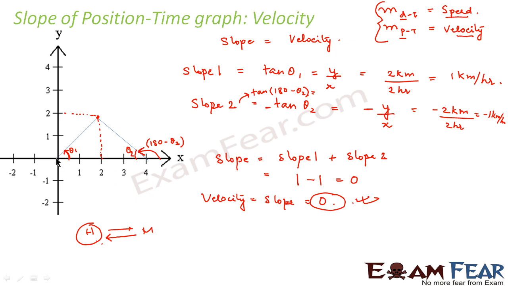For calculating the slope, we first calculated the slope of this line, then we calculated the slope for this line. So slope 1 was tan theta 1, that is y by x, which is equal to this. Slope 2 was tan of 180 minus theta 2, so that is equal to minus tan theta 2, that is equal to this. Now the total slope would be slope 1 plus slope 2, which comes out to be 0. That means the velocity in this case will be equal to 0.